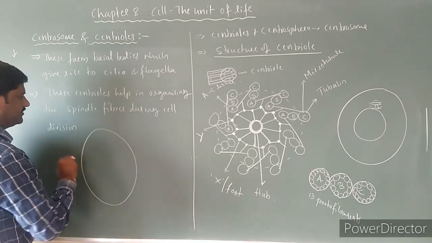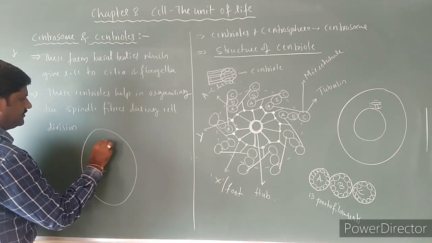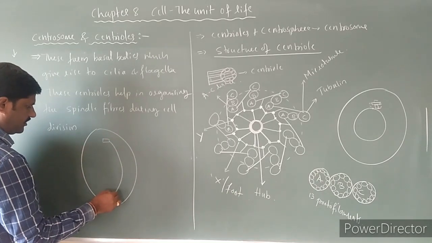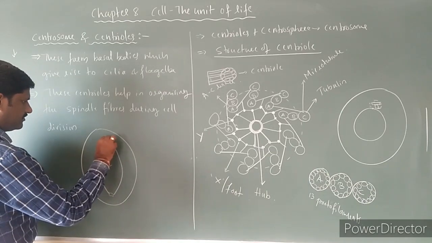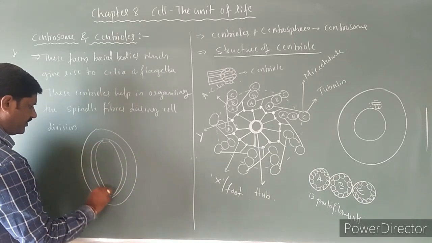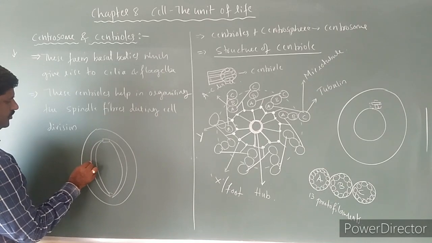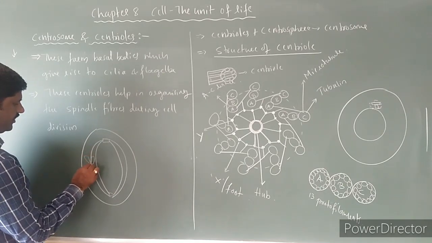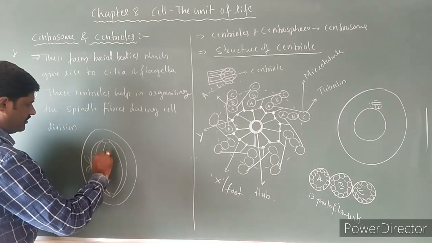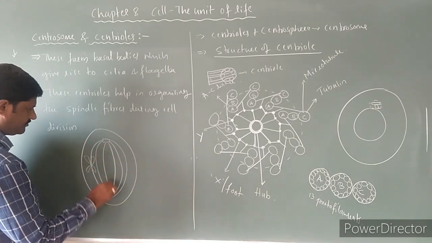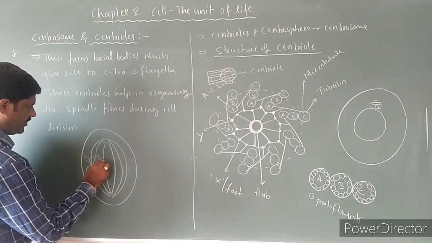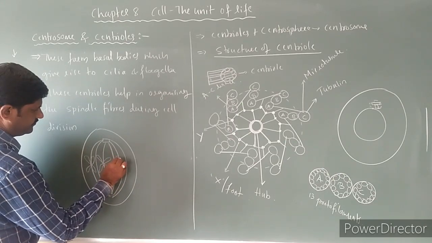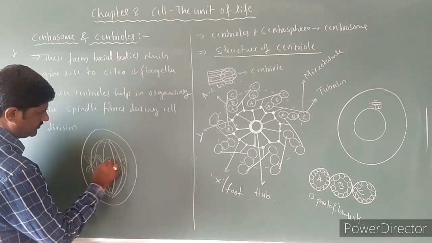That you can observe over here. If this is the animal cell, here is the centriole, here is also a centriole that organizes what? The spindle fibers like this, to which the chromosomes are usually held over here, right? See here.